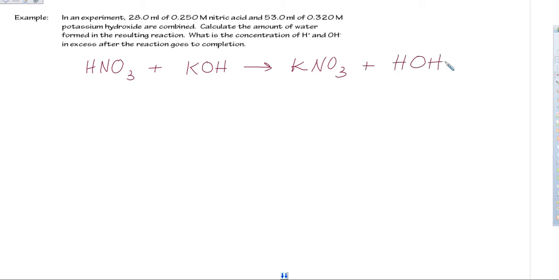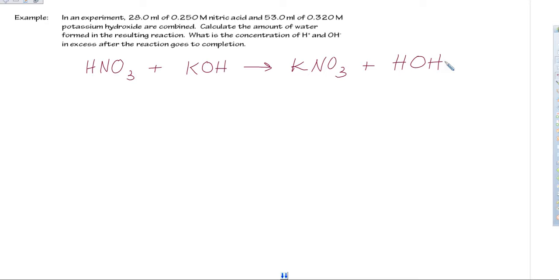Now again, if I wanted to, I could scale this to net ionic. I don't have to. I really just want the ratio in the balanced equation, which I have. This is all +1 -1. Hydrogen nitrate, potassium hydroxide, that sucker's balanced. All the formulas are balanced as well. Okay, so that's going to be nice, 1-to-1s.